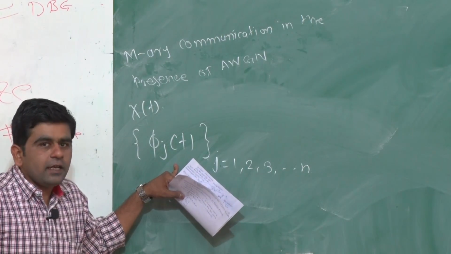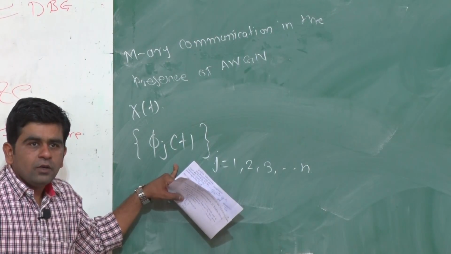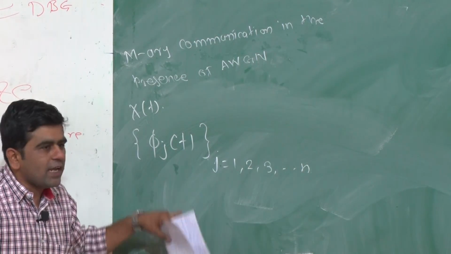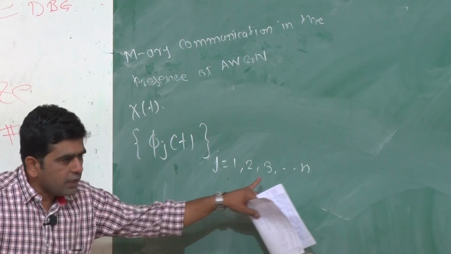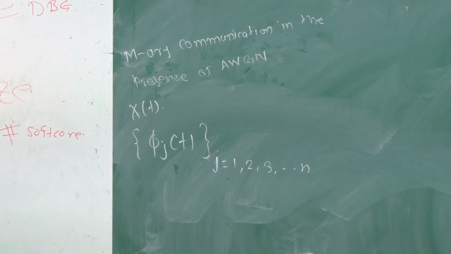We can define the basis function for this random process, that is phi j of t, j equal to 1 to n, a complete set of orthonormal basis signals for this space.